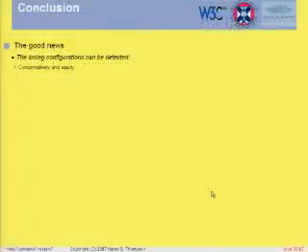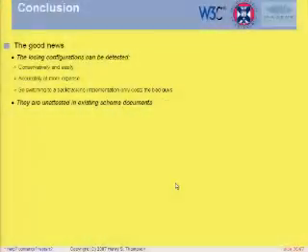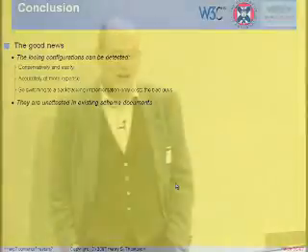The good news is the losing configurations can be detected. You can either have a conservative check, which is very easy, or an accurate check, which requires you to do some number theory and is therefore expensive. But in any case, you can switch to a backtracking implementation which only costs the bad guys. And the bad guys never occur.